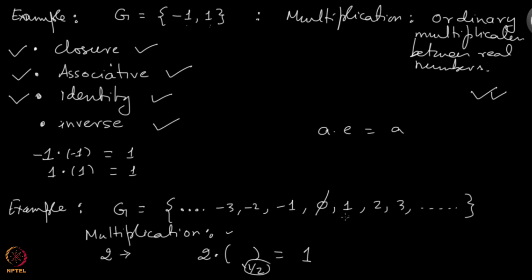So you see this G cannot form a group, because half is not here. So it does not form a group. Okay, so this set of elements G is not forming a group.